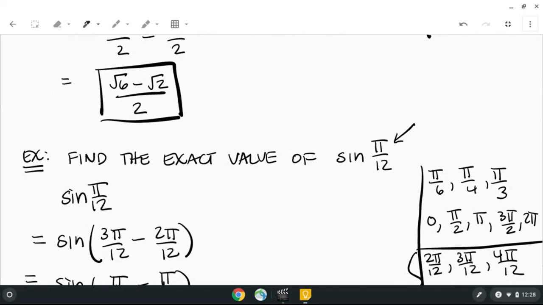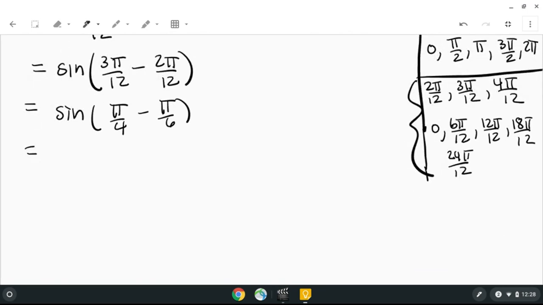Okay, so let's go back. All right, so this is going to be sine of pi over 4 cosine pi over 6 minus cosine of pi over 4 sine of pi over 6.